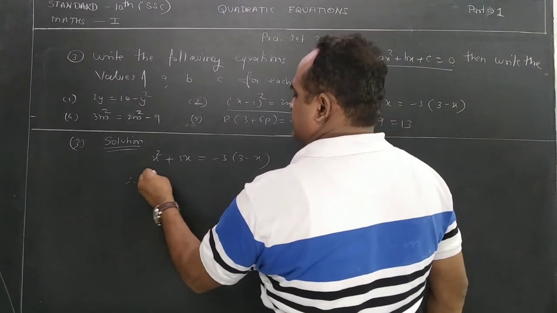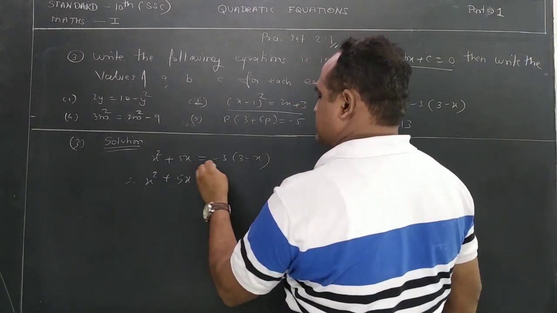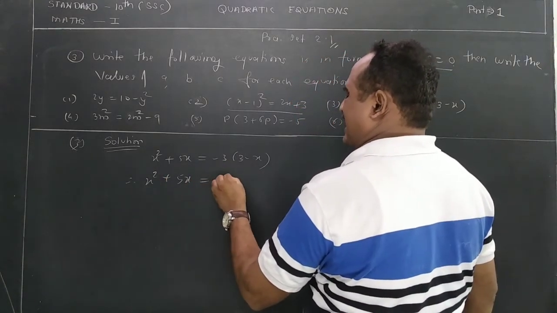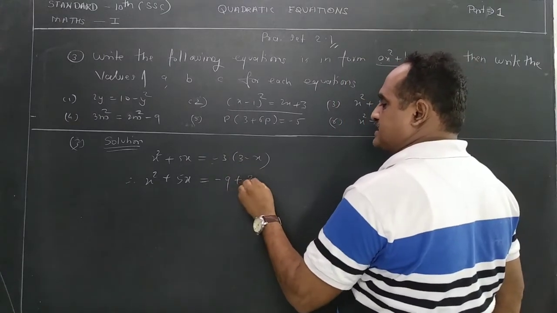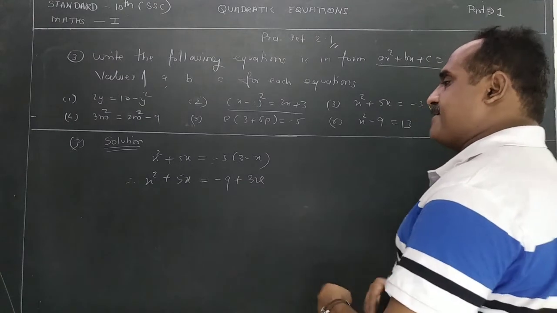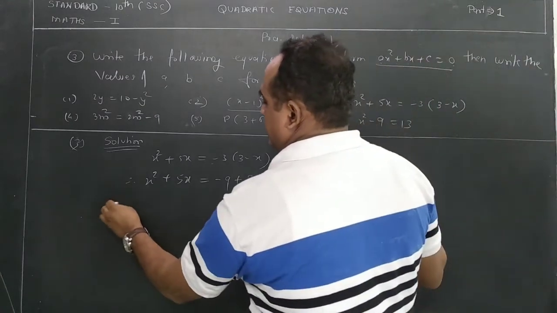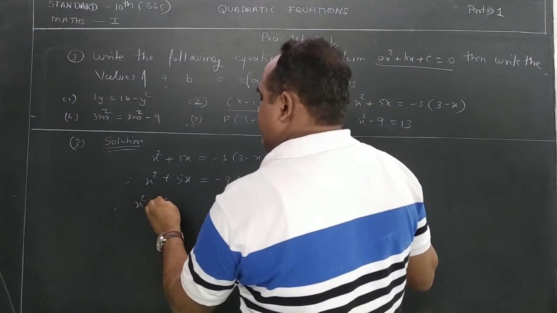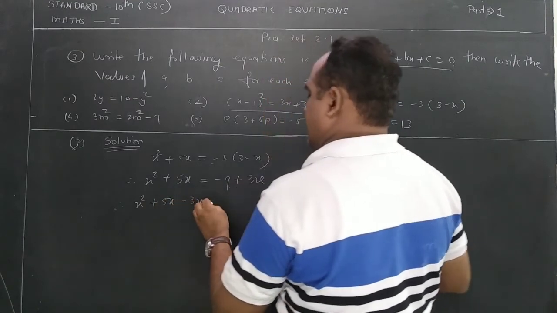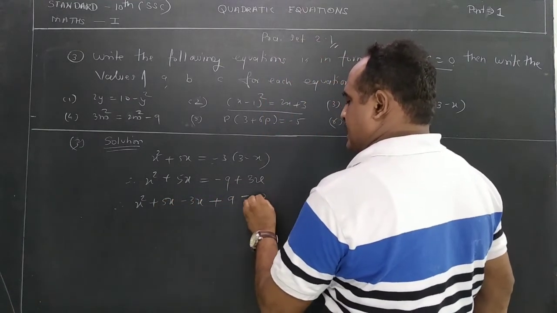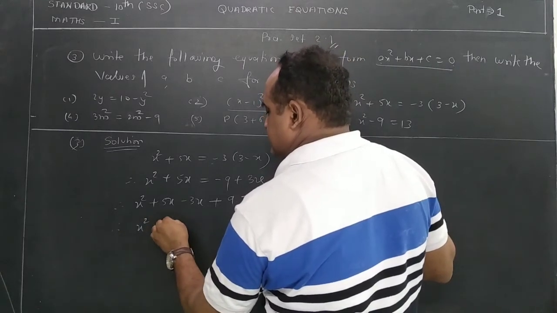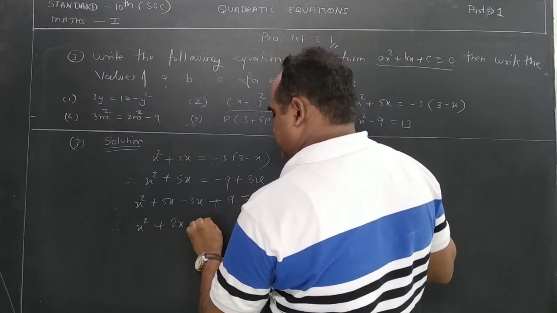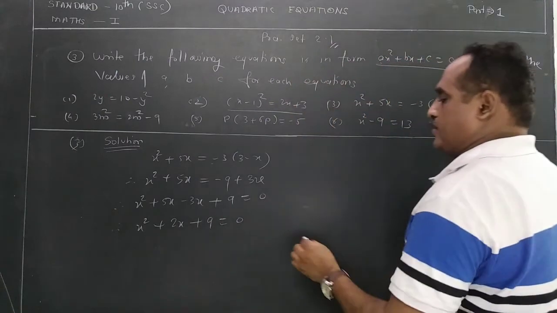Therefore, x square plus 5x is equal to minus 9 plus 3x. If I transfer the terms to that side, x square plus 5x minus 3x plus 9 is equal to 0. Therefore, x square plus 2x plus 9 is equal to 0.